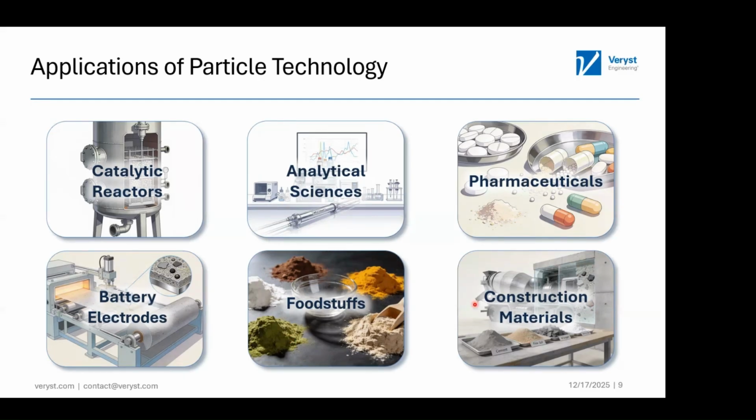Construction materials involve slurries and cements and pastes. And finally, in the energy sector, many battery electrodes are comprised of slurries of electroactive particles suspended in a fluid. This is by no means an exhaustive list, but these are some of the examples that we have in mind.